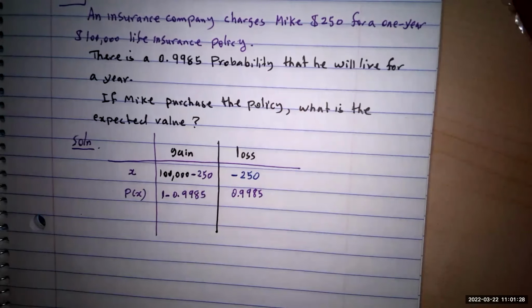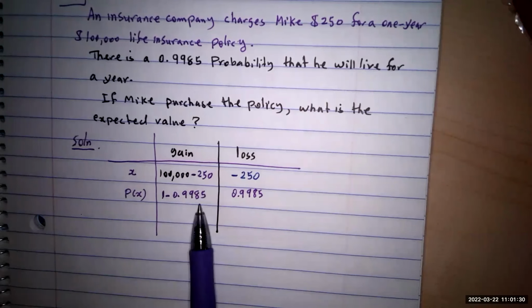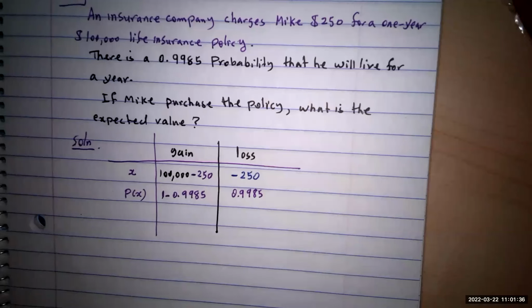So he dies with the complement probability, 1 minus 0.9985. And he will lose the money if he's still alive at the end of the year, which has a probability of almost 100%. Okay, so that's the table that we need.